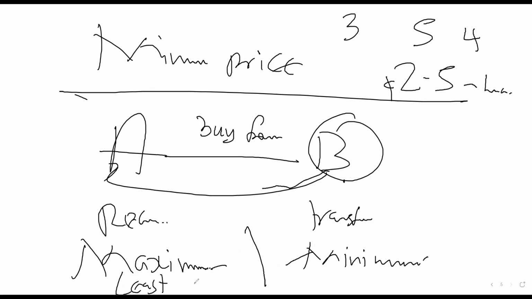If the maximum is, let's say, 10 Ghana cedis, and the minimum transfer price is, let's say, 5 cedis, at the end of the day, these two people have to sit down and talk and settle the matter. So we end up saying the transfer price is a negotiated transfer price.